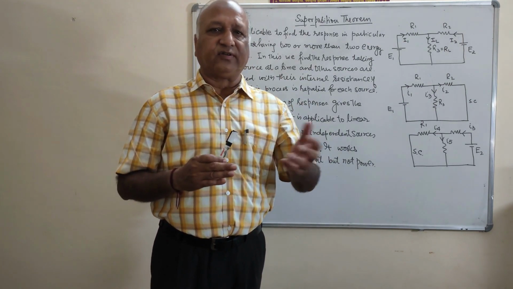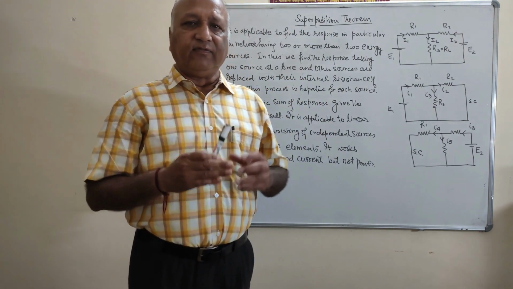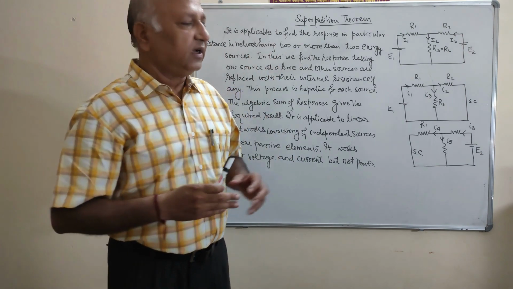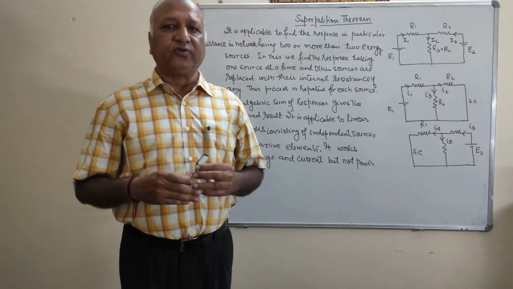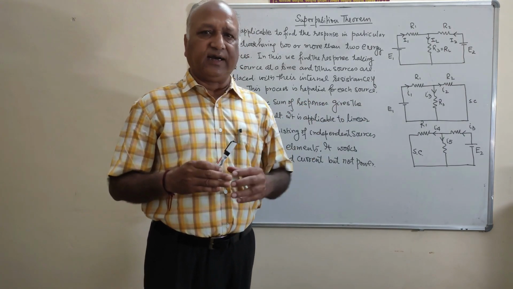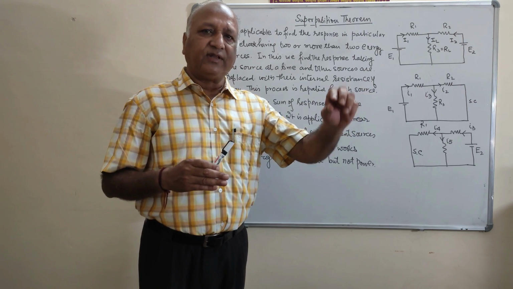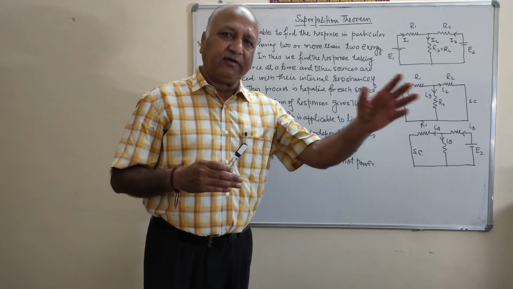If ideal sources are given, if there is an ideal voltage source, it is short circuited. If it is an ideal current source, it is open circuited. We will explain this with the help of examples further.